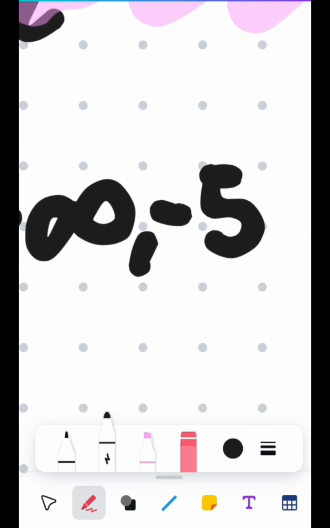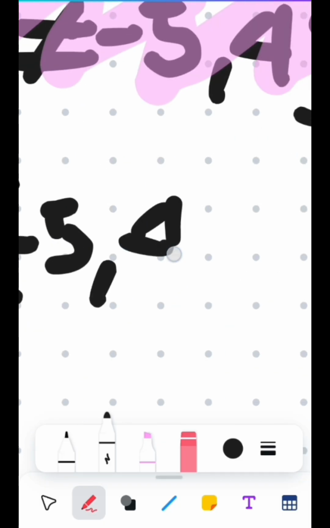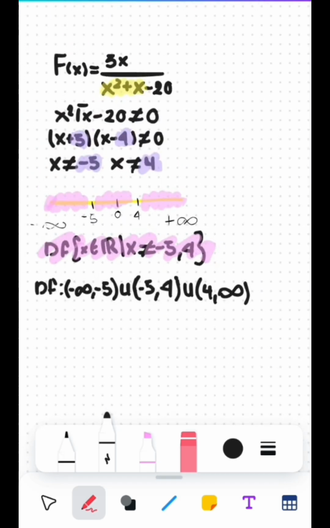This tells us that we can take from negative infinity to negative 5, from negative 5 to 4, and from 4 to infinity.